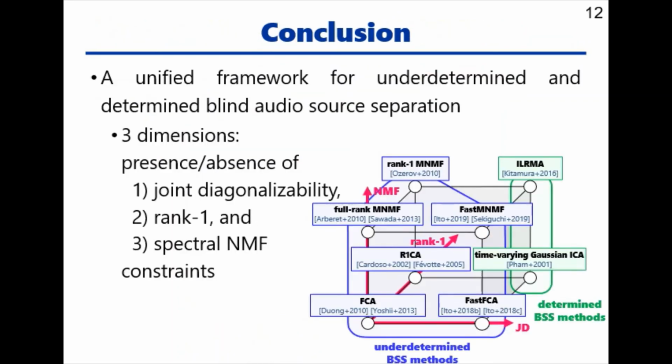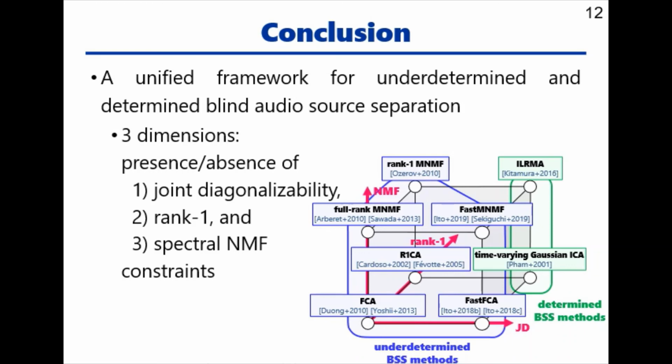Now we conclude this tutorial. In this tutorial, we presented a unified framework for underdetermined and determined blind audio source separation. The framework is represented by a cube, as in this figure, where the 8 vertices represent BSS methods and the 3 axes the 3 constraints on model parameters.